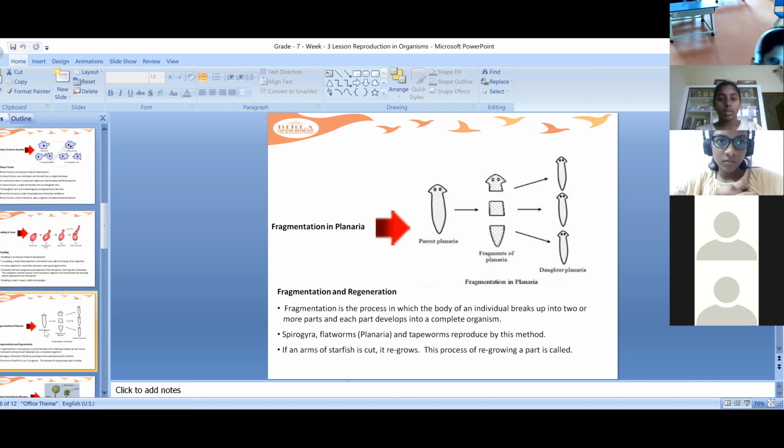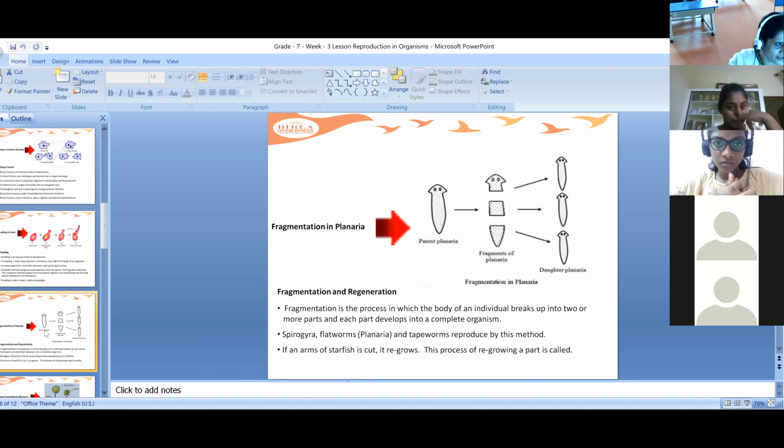Usually in the lizard, if you see, they lose their tail, isn't it? They lose their tail, lizards. Yes, ma'am. So again the tail part is being regenerated. The body part is being regenerated.